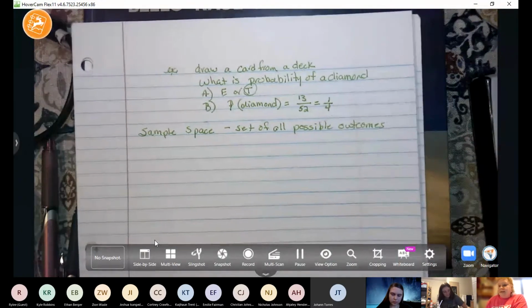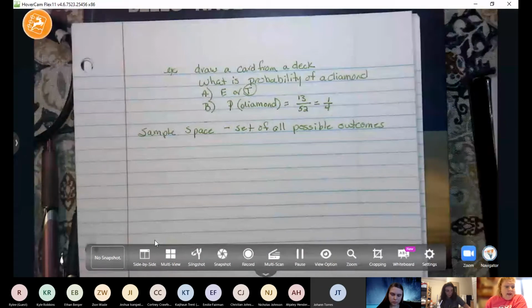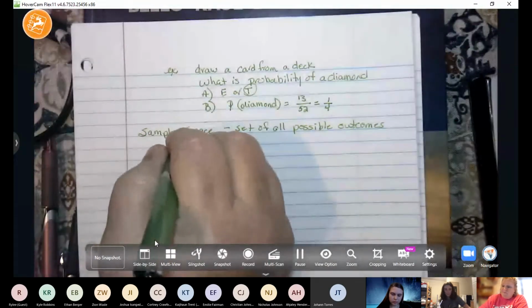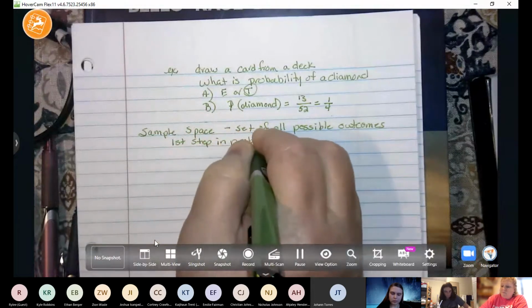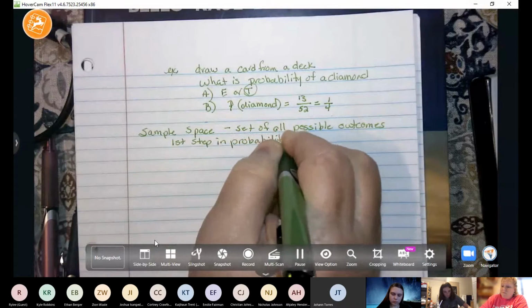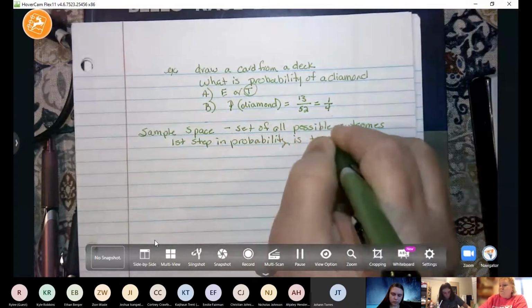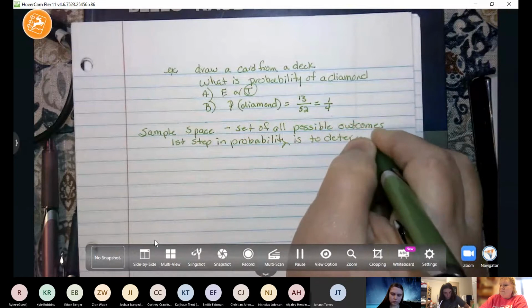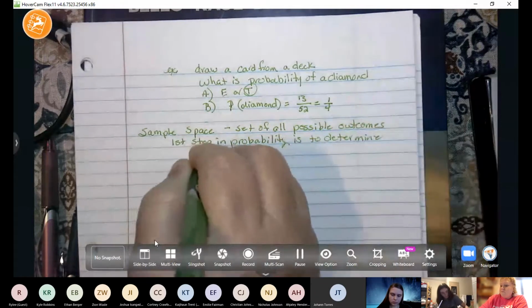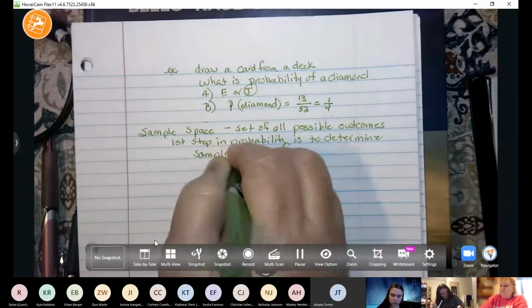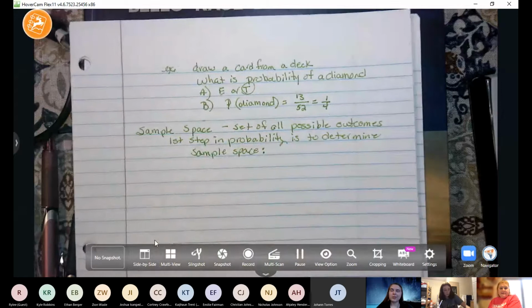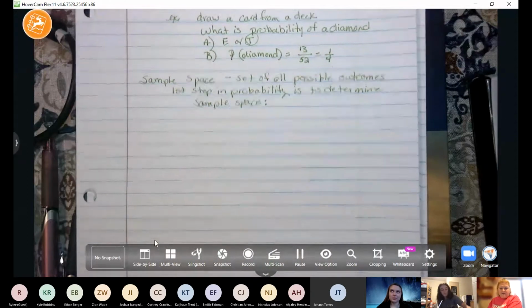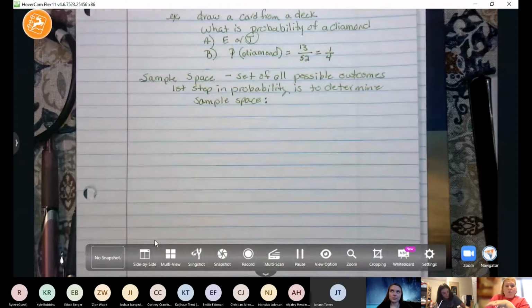And in probability, that is the first thing that we want to be able to do. So in probability, finding the sample space is one of the first things that we have to think about. It is one of the first things that we have to consider.